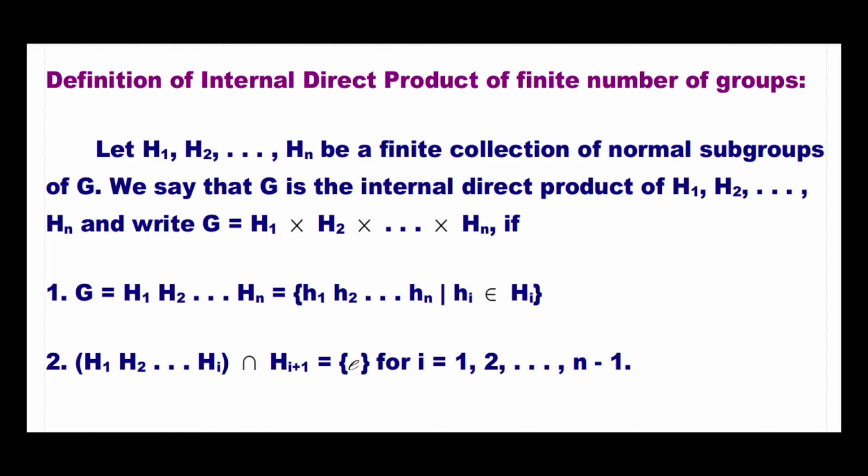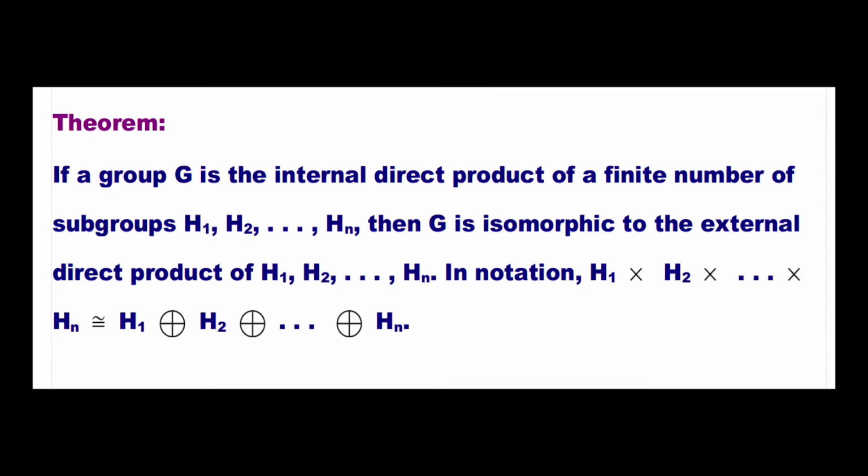The second condition, (H1 H2 and so on up to Hi) intersection Hi plus 1 is equal to the singleton {e} for i is equal to 1, 2, and so on up to n minus 1. The next theorem will show you that the external and the internal direct products are isomorphic to each other.